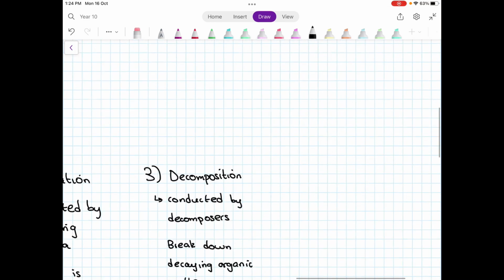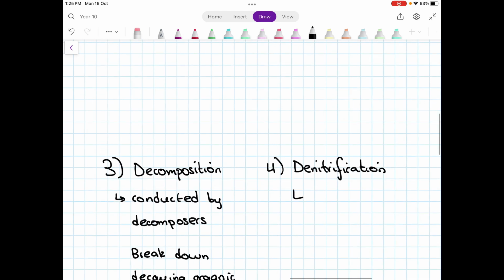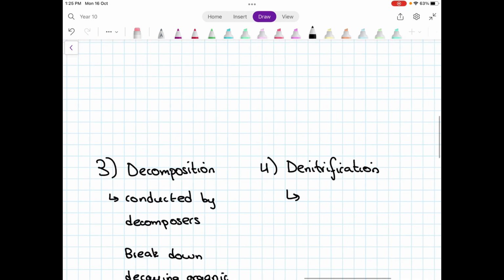So finally, to really complete this cycle, we have the step denitrification, which is conducted by denitrifying bacteria.